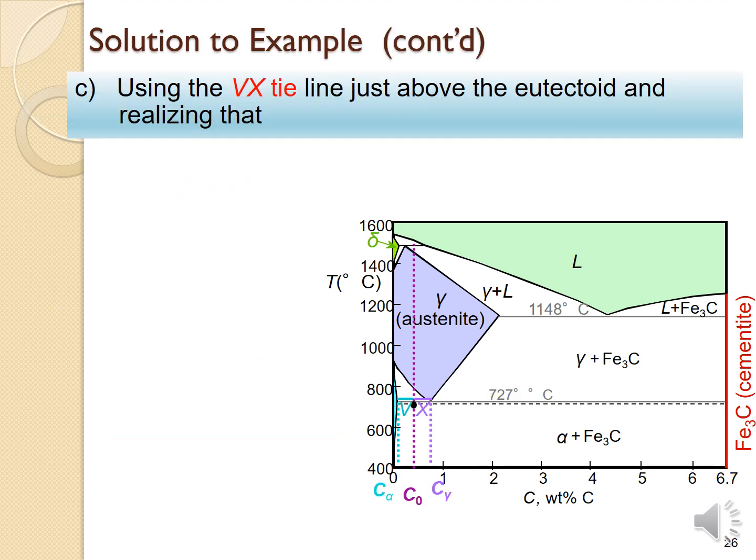Last, we calculate the amount of pearlite and pro-eutectoid ferrite, which means we're calculating the microconstituent amounts. The microconstituent pro-eutectoid alpha is the alpha phase formed right before the eutectoid reaction, and the amount of pearlite is just the amount of the austenite right before the eutectoid reaction.